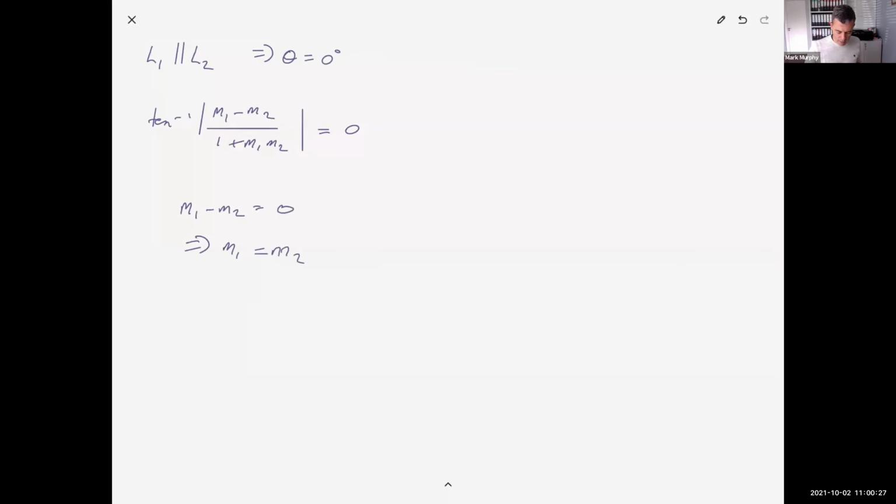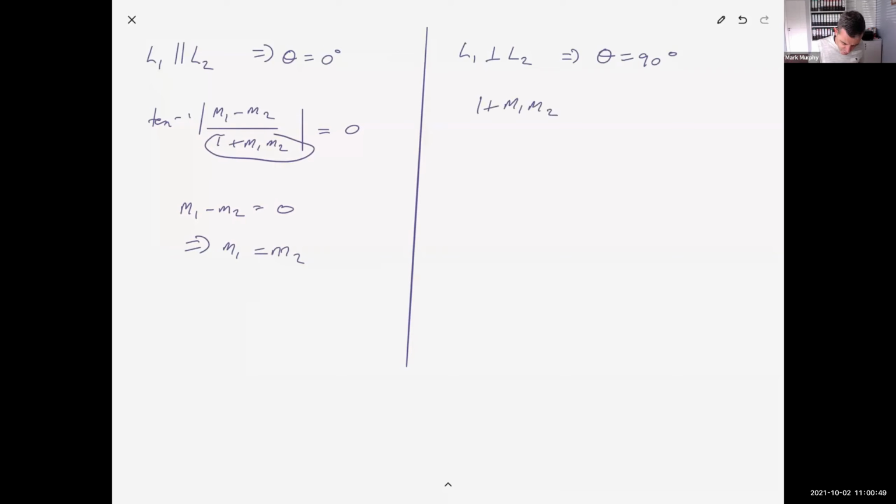They're parallel. So in the second case, L1 is perpendicular to L2. Therefore, the angle is equal to 90 degrees. Two lines are perpendicular, that's 90 degrees. So the tan of 90 degrees is indeterminate, isn't it? That says that what's below the line, 1 plus m1 m2, is equal to 0, because if you divide a number by 0, it's undefined.